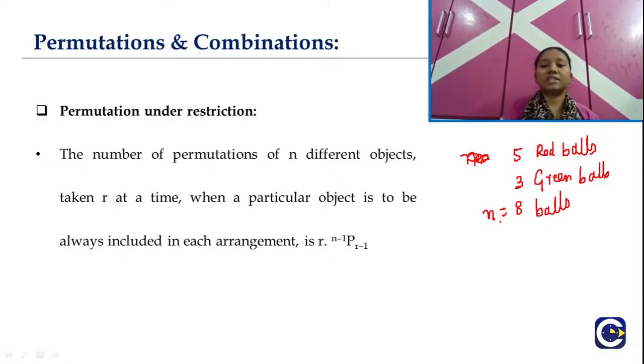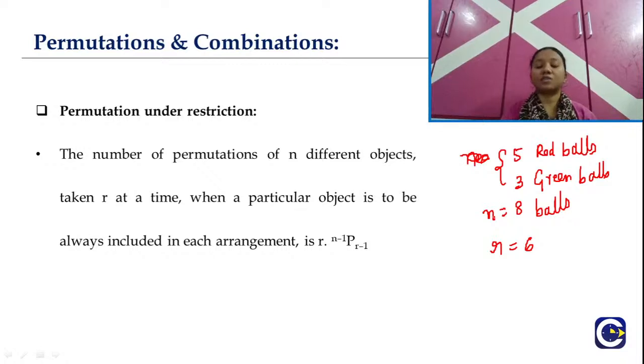Amongst these 8 balls, I have to pick 6 balls. And I'll mention that amongst these 6 balls, one should for sure be a red ball. So amongst these 5 red plus 3 green balls, I have to be sure that one is a red ball.